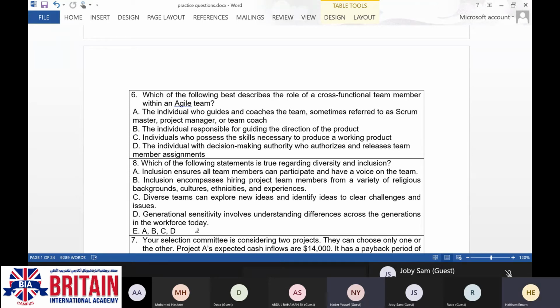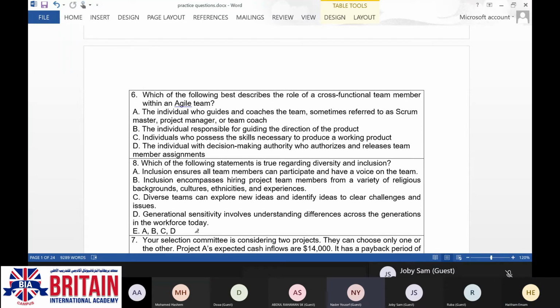Okay, so based on your understanding, could you read to me these answers which are in front of you and explain to me each one of them, and after that you are going to tell me the right answer? Okay, which of the following statements is true regarding diversity and inclusion?